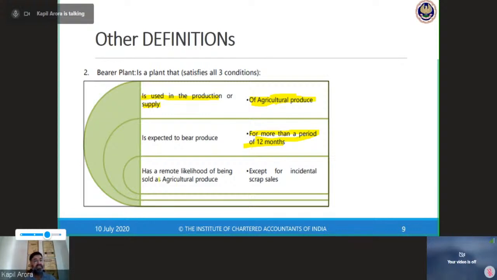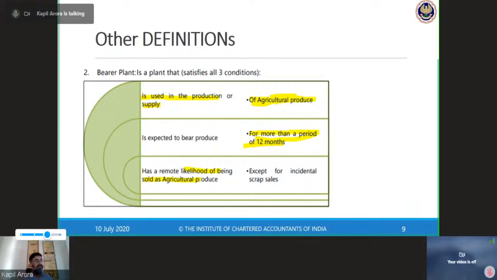And it has a remote likelihood that the whole plant is going to be sold. I am not going to cut my mango tree and sell it, because it can give us mangoes for years to come.